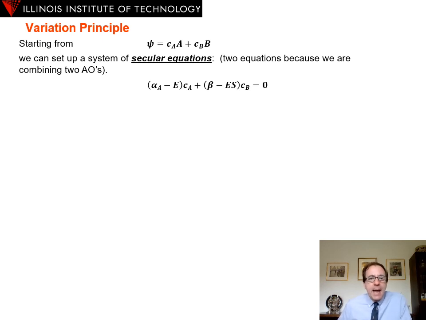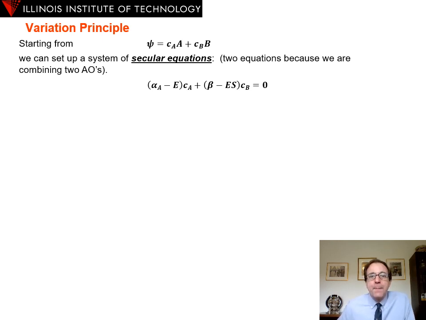So we get alpha sub a, so that's why we wanted to get rid of chi sub a, so that we can replace, alpha sub a, I'll tell you what that is in a second, minus the energy of the orbital times the coefficient for the wave function a plus beta minus the energy of the wave function times s.